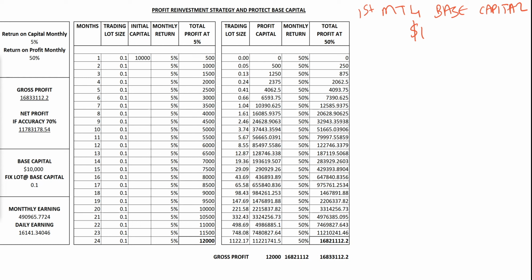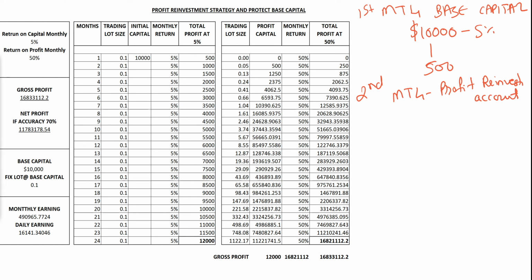As you can see, the first month MT4 base capital is $10,000, and the 5% that we are keeping is $500. And the second month MT4, that is the profit reinvestment account, we have kept it different, and that is 50%, the 10 times higher, whatever we are using for the main account, the initial capital account, that's 10 times higher.